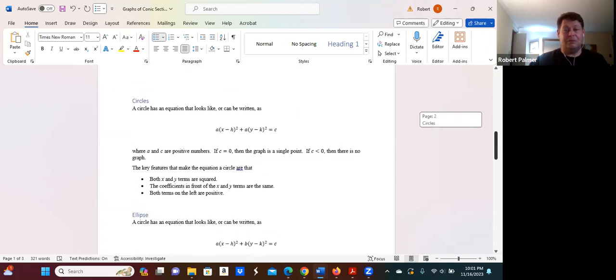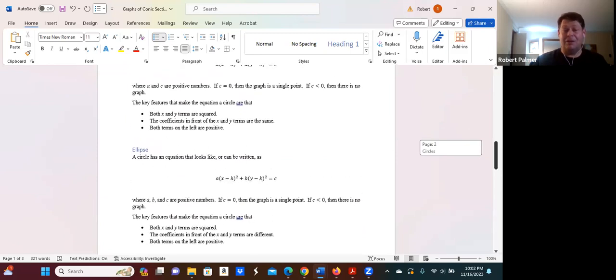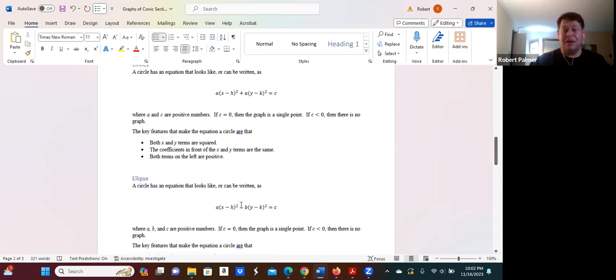For a circle, both the x and y terms are squared, and the coefficients in front are the same and both positive. For an ellipse, the coefficients are still both positive, but they're different.